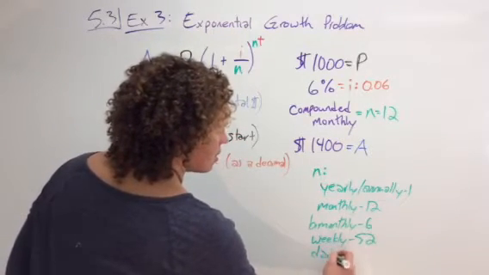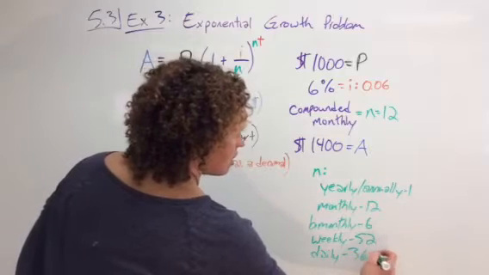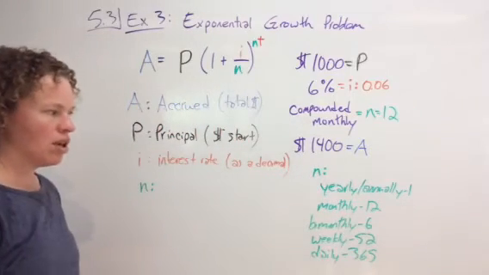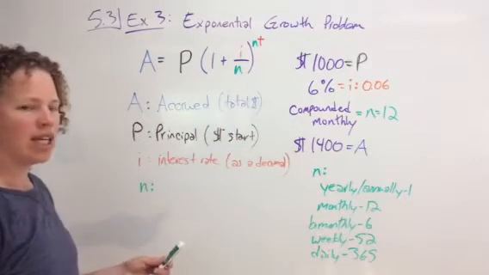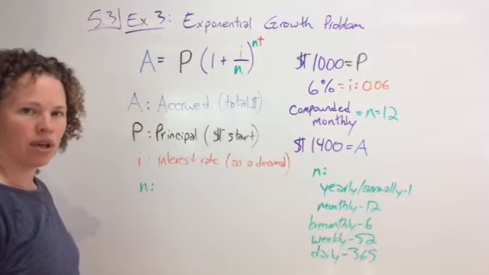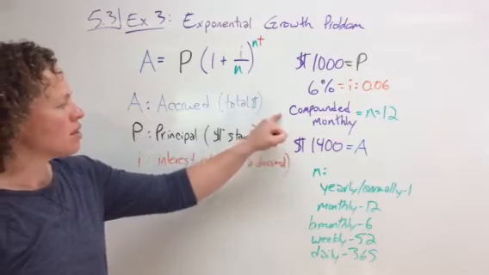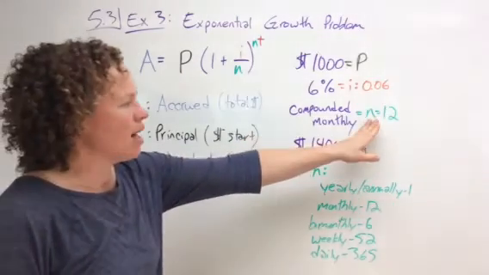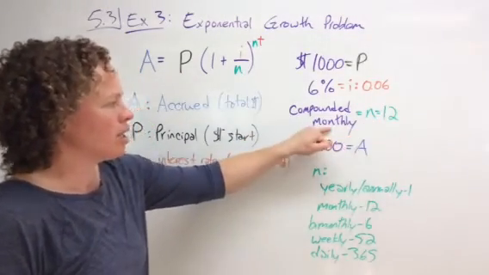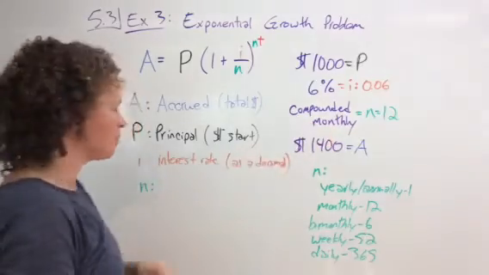Daily, of course, is going to be 365, and so on. So those are some ideas of what N is. And when you read the question, you have to find it for yourself. So it says compounded monthly, that's N, and it's 12 because there are 12 months in the year.